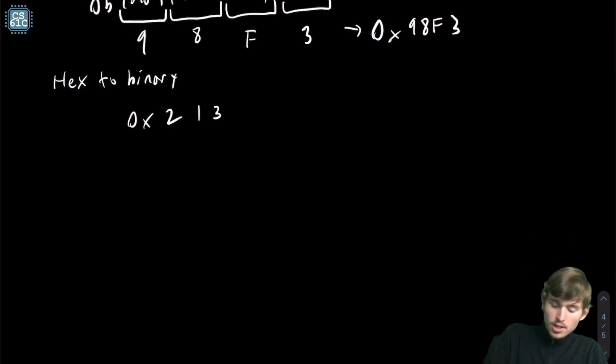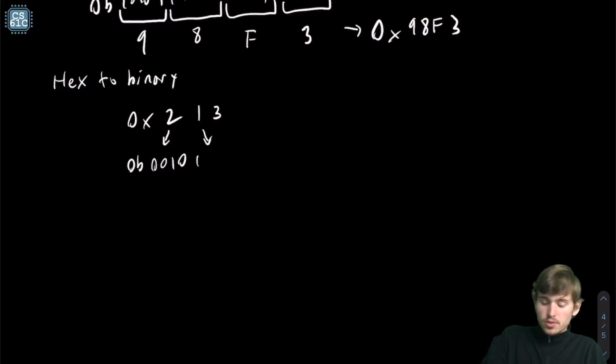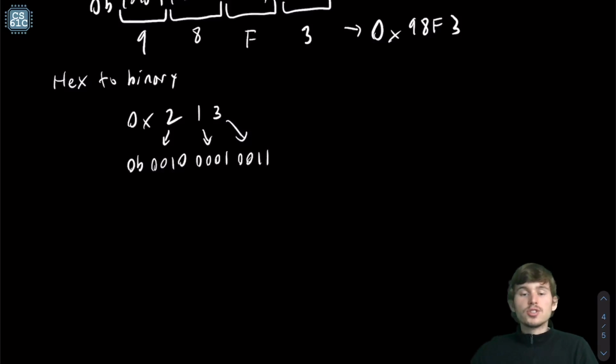I know 2 has to be 4 bits, so I'm going to have 0b. 2 represented with 4 bits is 0010, because this is 2 to the 1. The next value is 1, so 0001. And finally 3 is 0011. So that is a quick conversion from hex to binary.